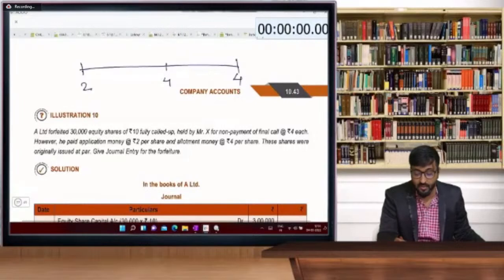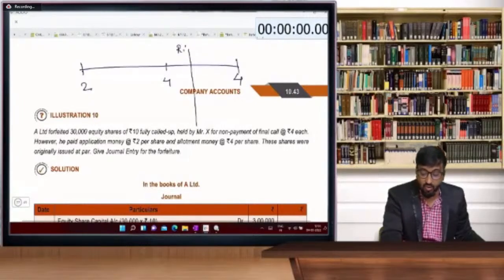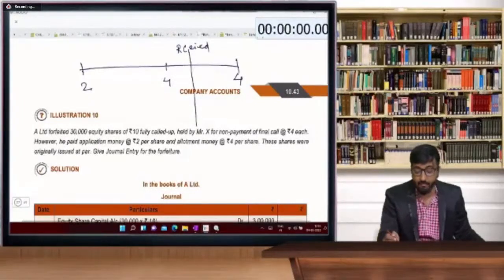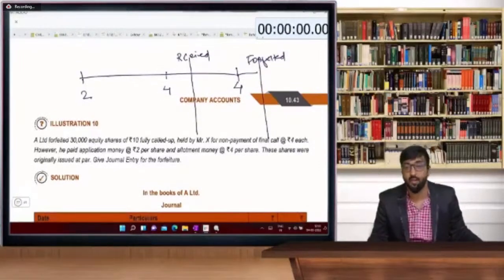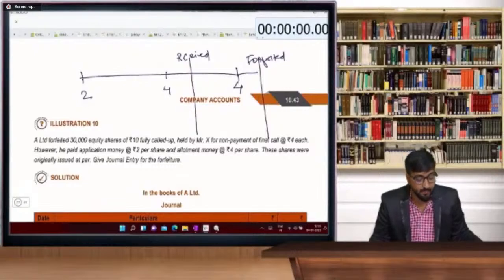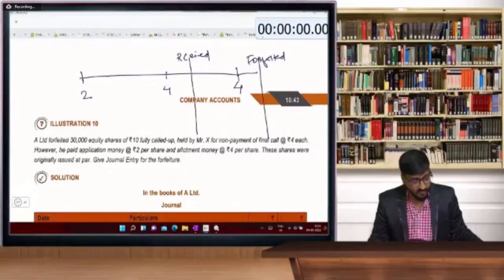So where is the first line? The first line is received. So this is the diagram, beta, after allotment money. And which is the second line? The second line is of forfeiture. So this is the diagram, and now you pass the entry for one share. Let's see how many of you are passing the entry for one share. Chalo. Forfeiture is very easy, sir. Forfeiture is very easy.